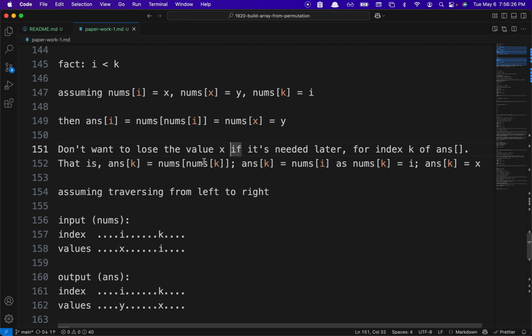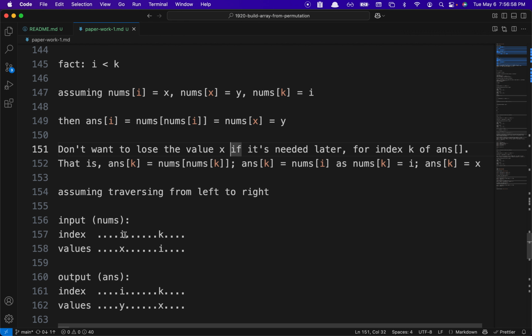So answer of K is equal to nums of I, because nums of K is equal to I. So anyone who needs nums of I, which is X, anyone who needs to put X here has to count.